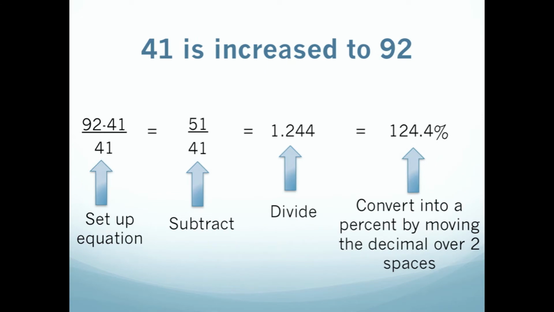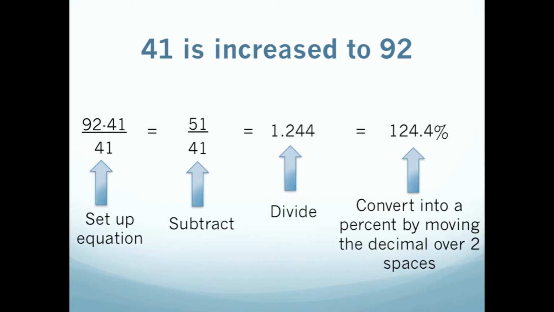So let's look at another problem like this. 41 is increased to 92. So first, we're going to use our formula, which is the percent of change equals the amount of change over the original amount. So in this case, the amount of change is the difference between the two numbers. So that would be 92 minus 41 over the original amount, which is 41.